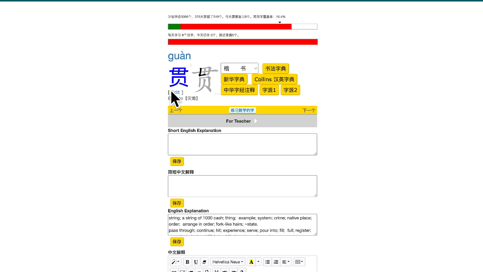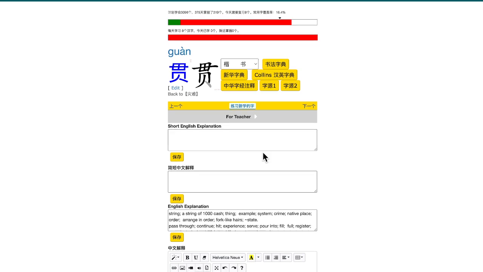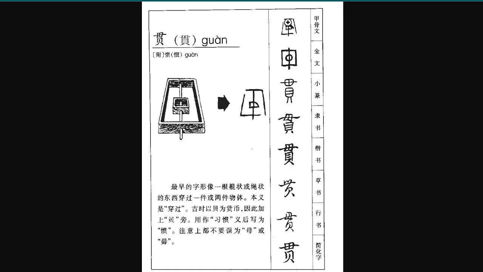Now this originally is a string to collect the shells. That's why they have this bei on the bottom. And on the top is a thing that you can see the string goes through, right? In the middle. So literally it's a picture of that.